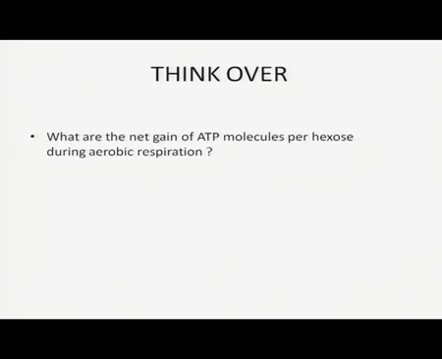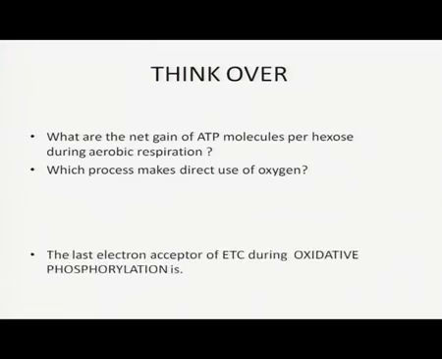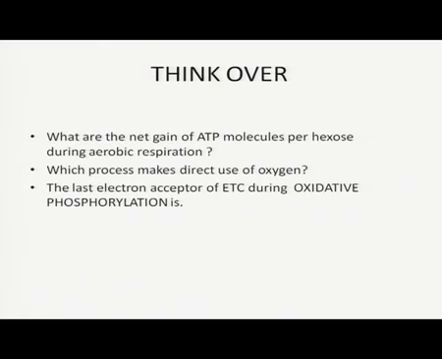What is the net gain of ATP molecules per hexose during aerobic respiration? My second question was, which process makes direct use of oxygen? The third question was, the last electron acceptor of the electron transport chain during oxidative phosphorylation is.